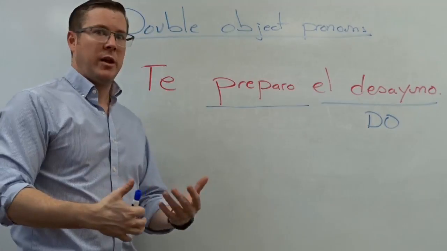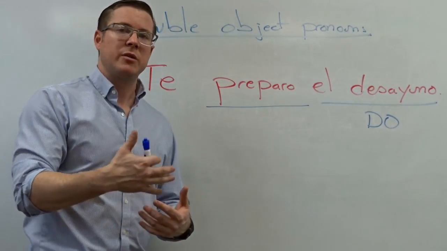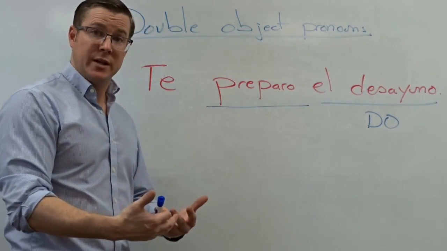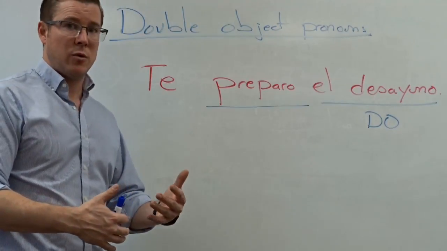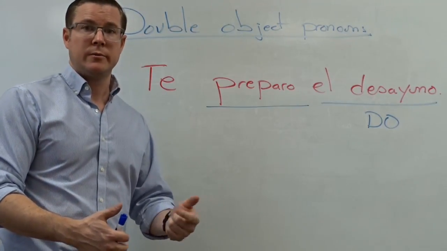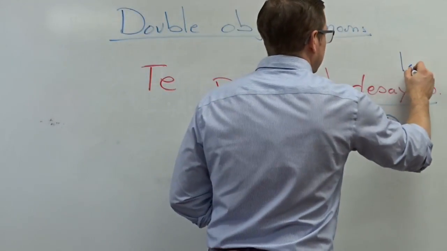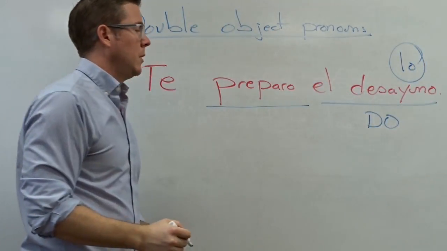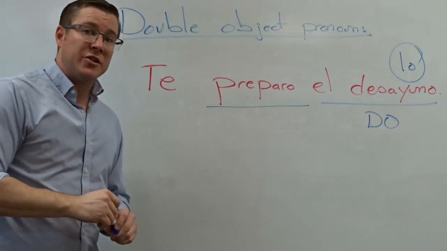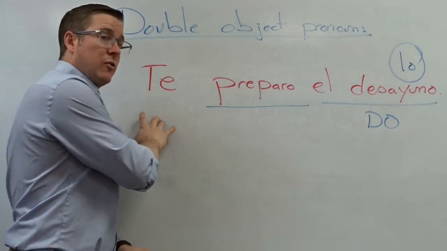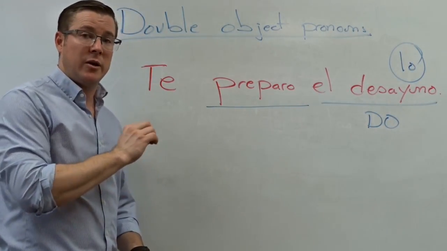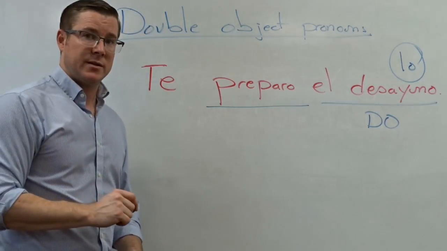What I want to do is replace el desayuno with the object pronoun. What is the object pronoun for el desayuno, a masculine singular word? Lo. But I also have an indirect object and an indirect object pronoun in my sentence.